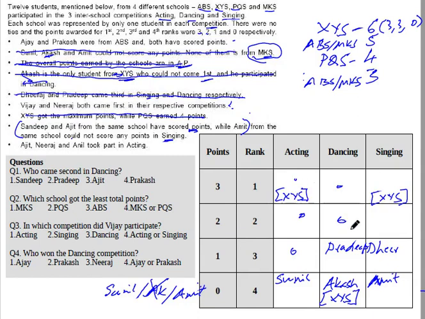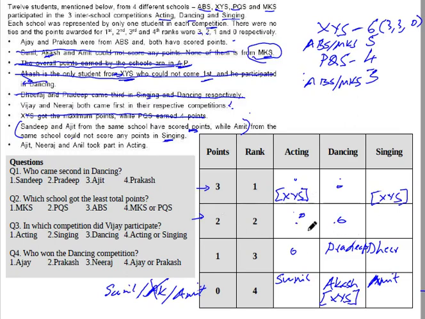Now if they do 1 and 2, the third one will be 0, 1 and 2, so they will get 5 points.